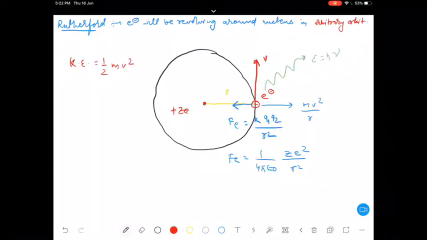Let's say 100 units of kinetic energy this electron was possessing. Now if it is radiating some energy, it will suffer some energy loss. Isn't that right? Let's say its kinetic energy decreases by 10 units. Let's say it has lost some 10 units of energy in the form of radiation, which means its kinetic energy has decreased.